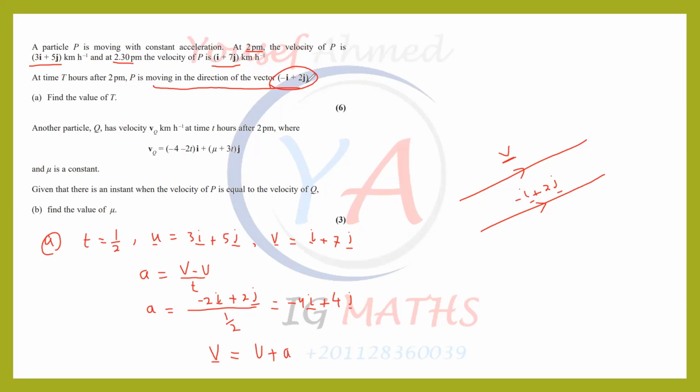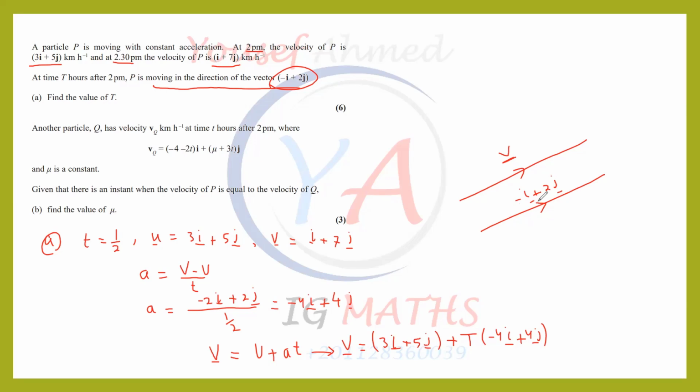So v is equal to the initial velocity 3i plus 5j, plus the acceleration negative 4i plus 4j multiplied by time t. This is the velocity now, and this velocity is moving in the direction of negative i plus 2j.